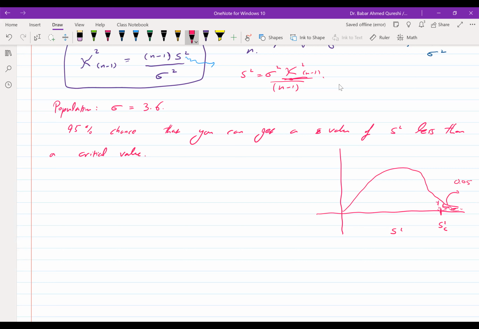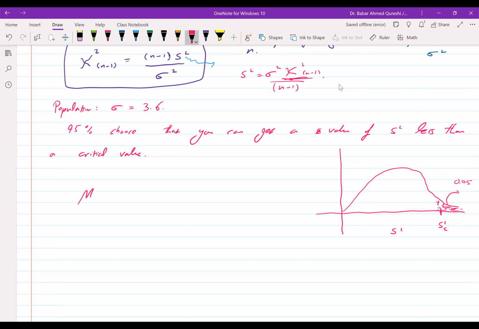It's a probability distribution. So having a probability that you have S square more than this number is only a 5% chance. So if this number shows up in your sample, you can be a little worried that maybe it's really a 5% chance that this happened, or if this unlikely event happened, then I should probably go check. Maybe something is wrong in the population.